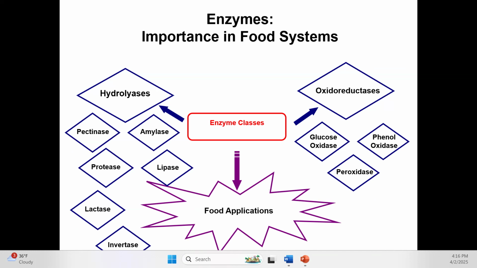So we're going to talk about some examples of all of these in food applications. We're also going to talk about polyphenol oxidase quite a bit, and a couple of examples where you use these two enzymes.